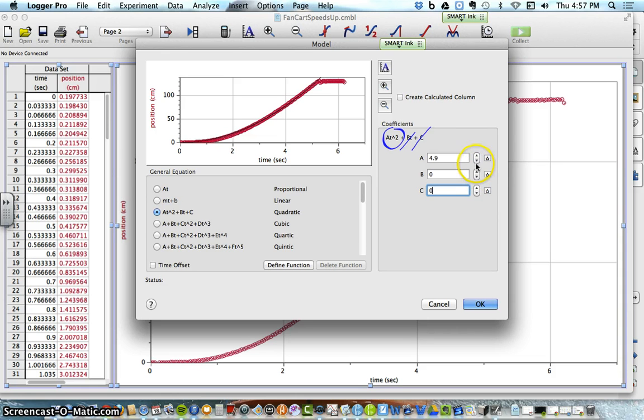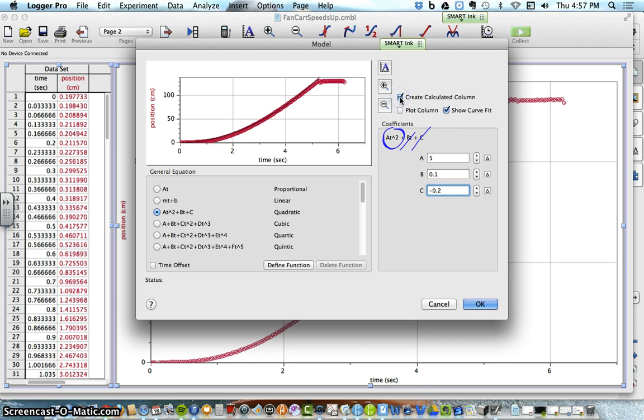Maybe I can make this a positive number, maybe I make this a negative number. My b and c terms look like they're very close to 0, and my a term looks like it's about 5. So I'm just going to come up with the best fit I can, visually inspecting this position time graph and fitting the curve to my data.